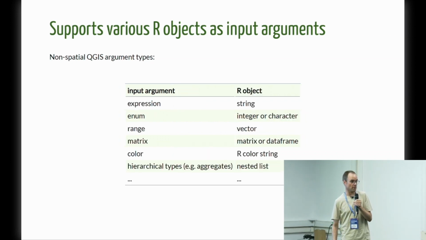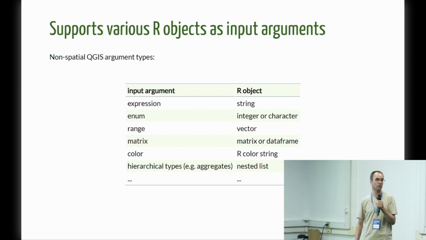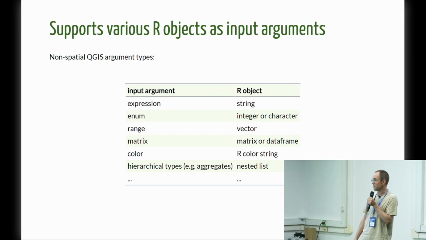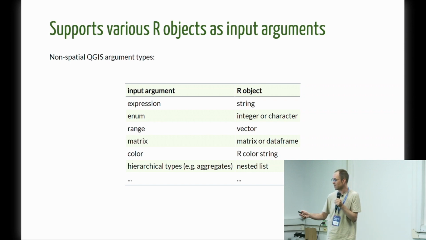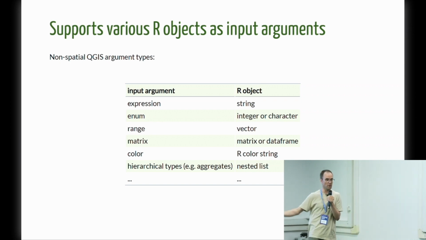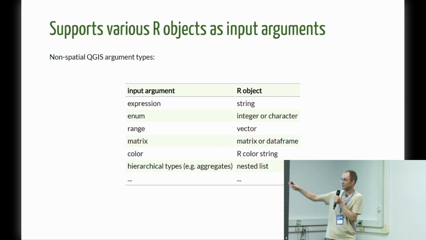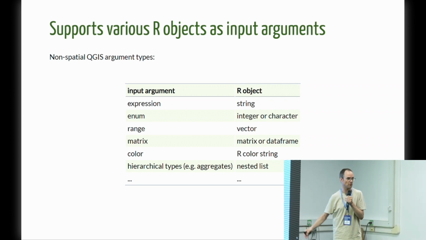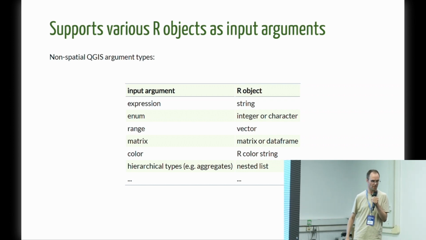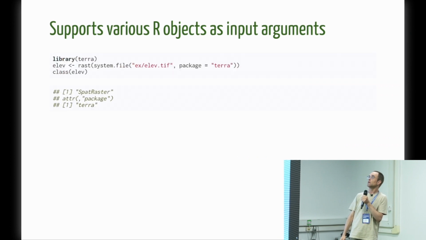This is also true for non-spatial argument types. For example, you can provide a data frame if you need to pass a matrix QGIS input argument. The left column shows the QGIS input argument types. That has been provided more recently.